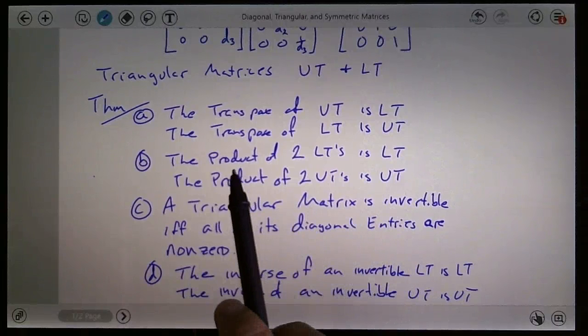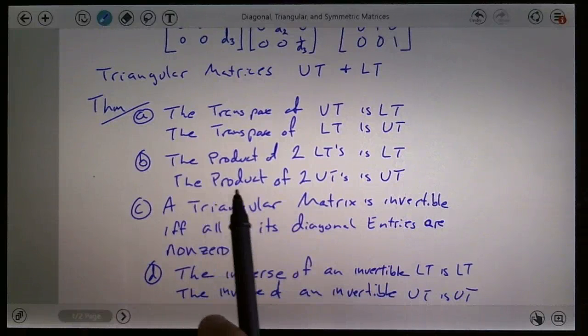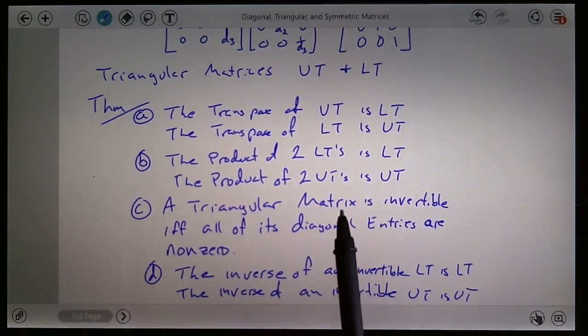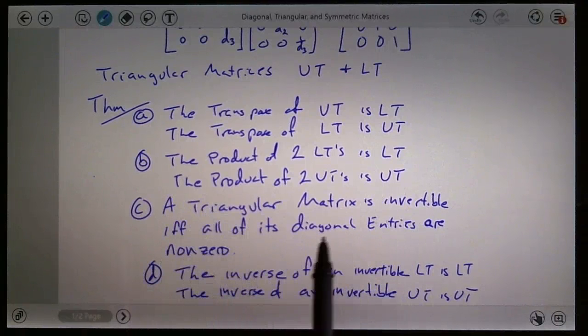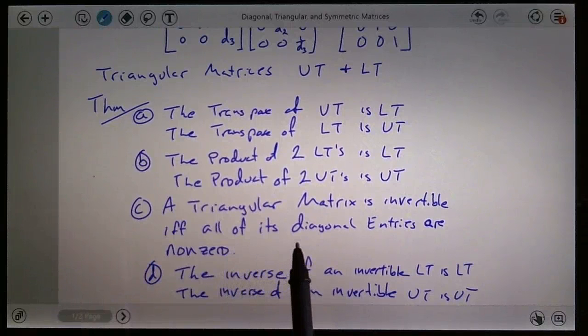A little less obvious, the product of two lower triangular matrices is lower triangular, and the product of two upper triangular matrices is upper triangular. Other things here, a triangular matrix is invertible if and only if all of its diagonal entries are non-zero. This is what we argued for a diagonal matrix, but it's also true about a triangular matrix.